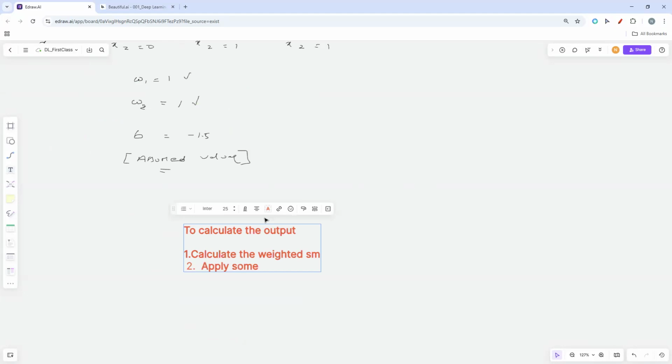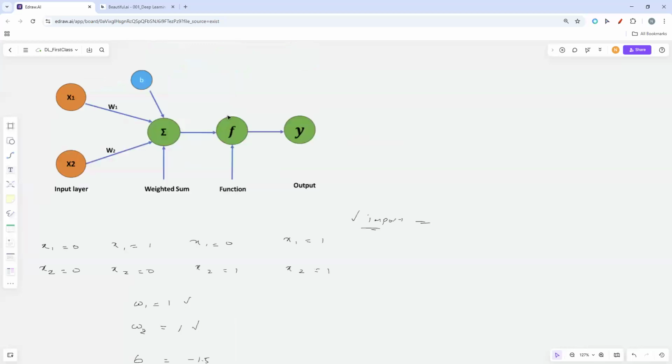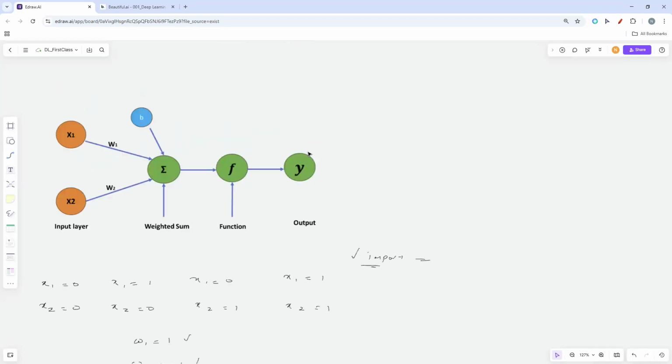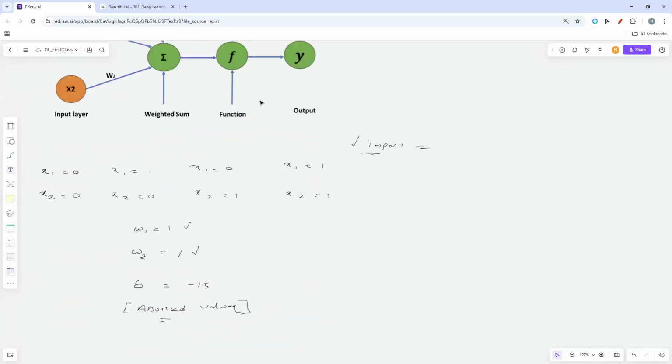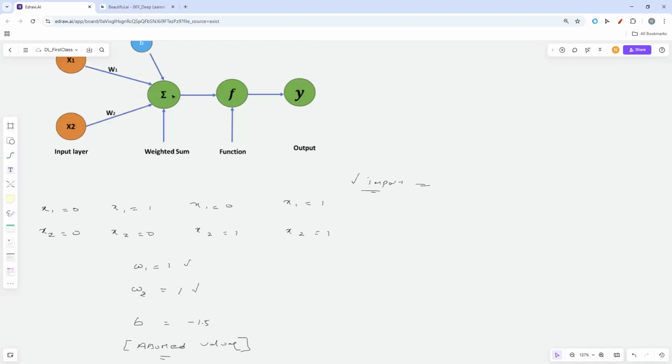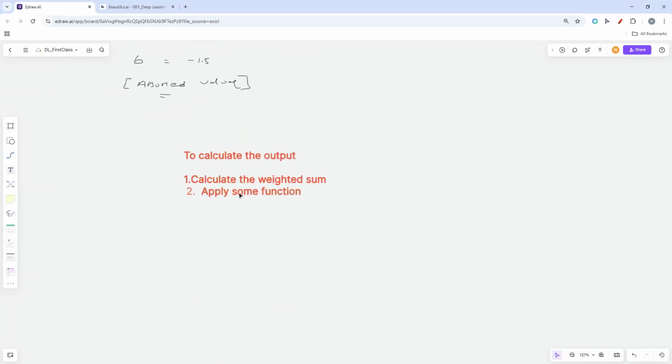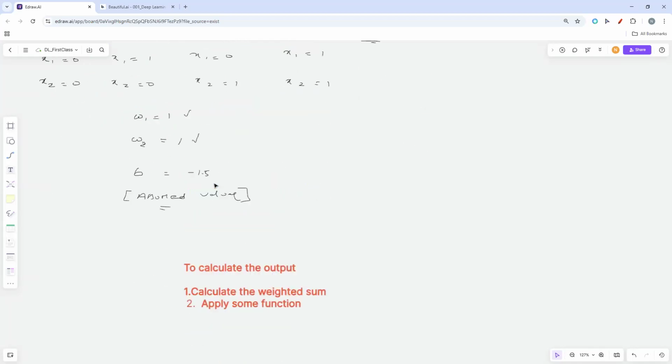So these are the steps we have. Am I right or wrong? These are the two steps for my machine to decide whether it has to cross the road or not. Right? So this is the output. We have to make our machine decide whether to cross the road or not, and to reach this point we'll have to do certain calculations, which are nothing but your weighted sum and some kind of application of function. So that's what I have written over here, and let us do some calculations.